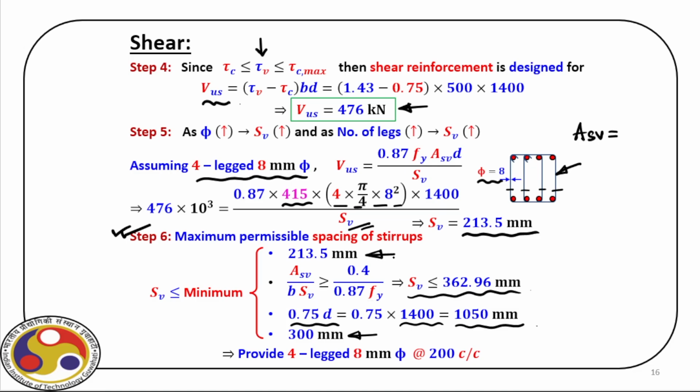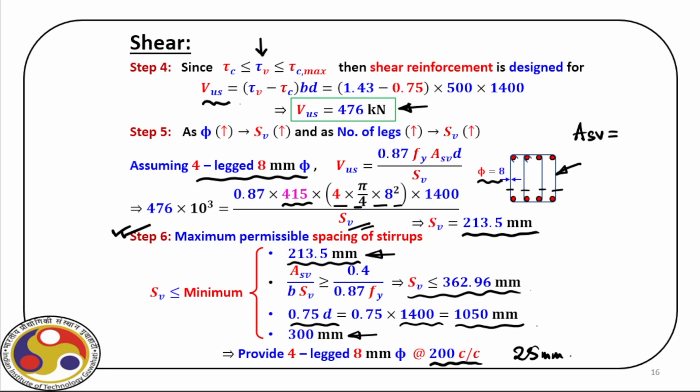Obviously we cannot provide this exactly, so any dimension less than this is okay. Normally at the construction site, it is in terms of integer multiples of 25 millimeter, that is roughly 1 inch. So what we provide is 200 millimeter center to center of these stirrups, which are 4-legged 8 phi bars. So that satisfies the design.